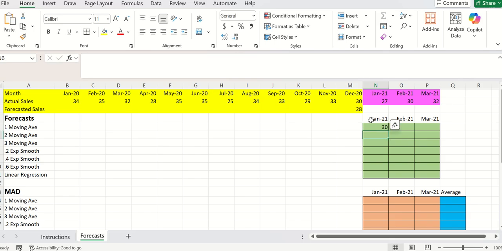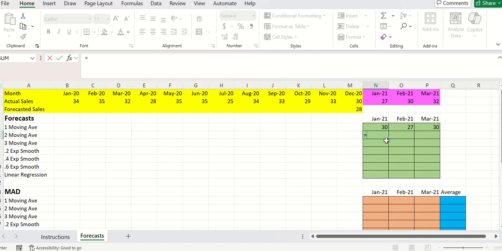So if January is what happened in December, I can click on and drag across these equations, because what I'm forecasting to happen in February really is what happened in January. What I'm forecasting for March really is what happened in February here. All right, so that's a 1 month moving average.